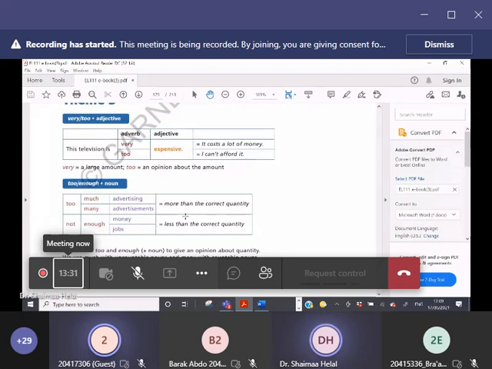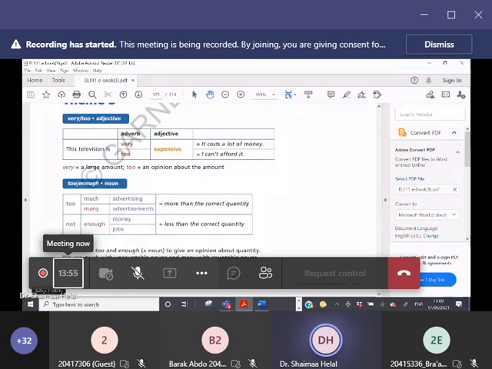Now we are moving to the notes. We can use too and enough plus noun to give an opinion about the quantity. We can use much with an uncountable noun, and many with countable nouns. So if you can read here, too many advertisements. You need to focus also on these notes. Notes are really very important for us.